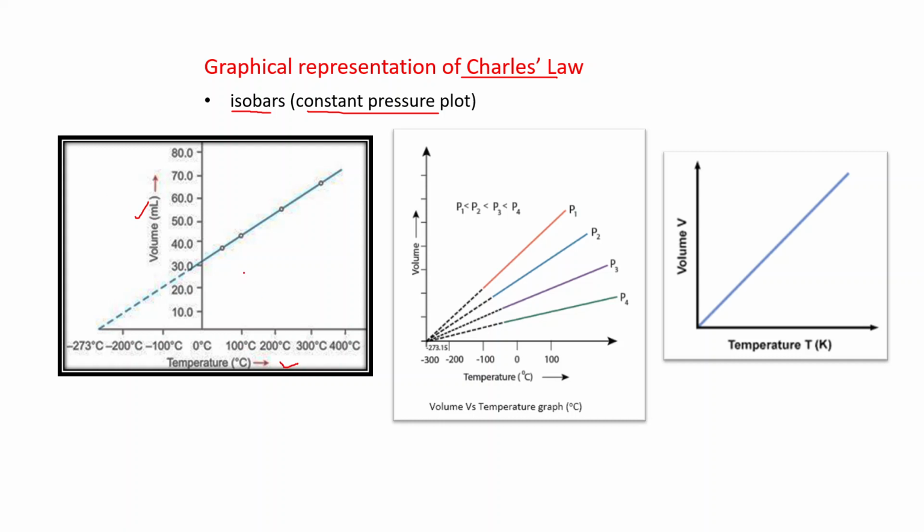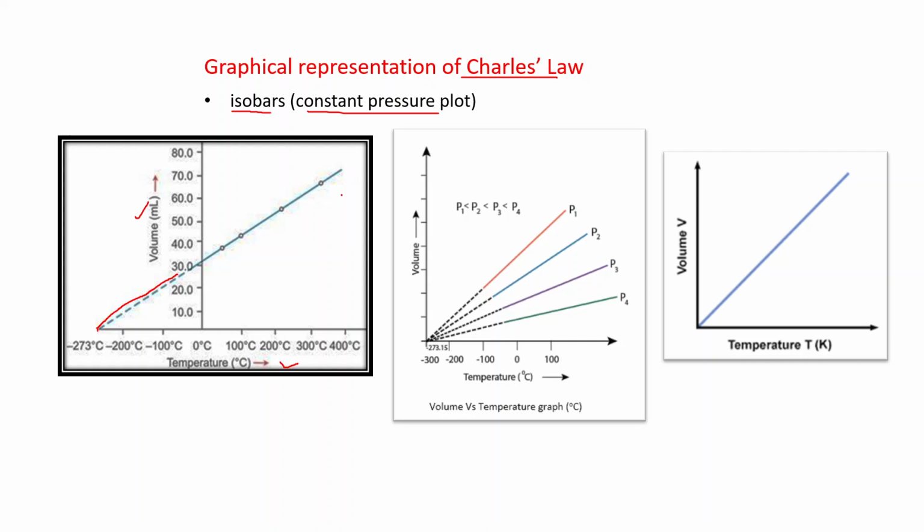As we extrapolate this graph to minus 273.15, or roughly minus 273, the volume of the gas becomes 0. But again remember, volume never becomes 0.